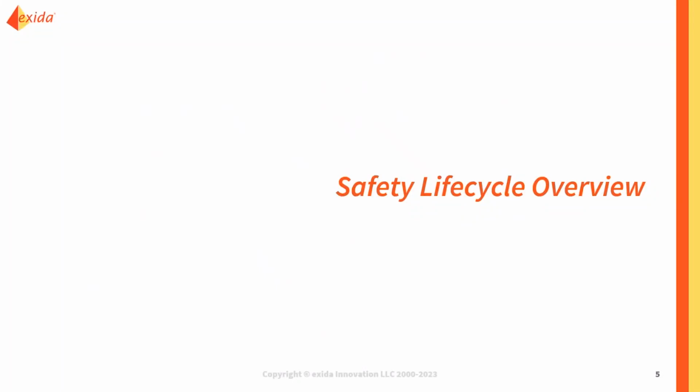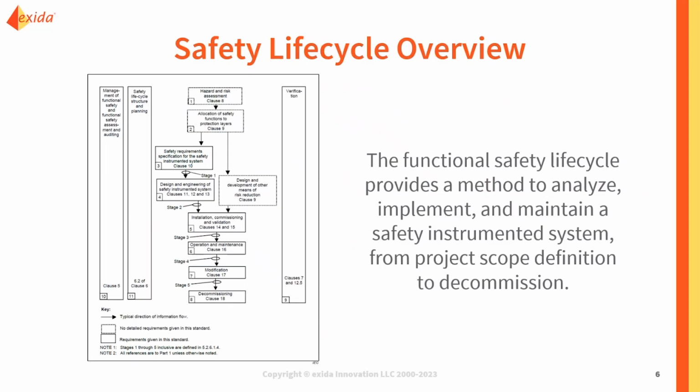To an overview of the safety lifecycle. IEC 61511, and this is what the lifecycle looks like within the standard. It's basically taking you from hazard and risk assessment, or PHA, of a process or system, looking for any high-risk hazard scenarios that could occur, and taking a look at what safeguards are present to protect against them or bring the process to the safe state.